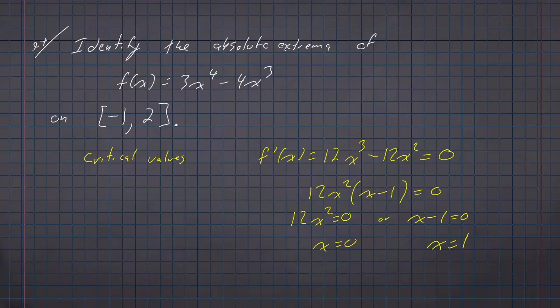So we have two critical values. Right? Critical values might be relative extrema, or they might not. Critical value doesn't tell us this is extrema. It tells us it might be extrema. But when it comes to identifying absolute extrema, knowing where to look is the bulk of the battle.